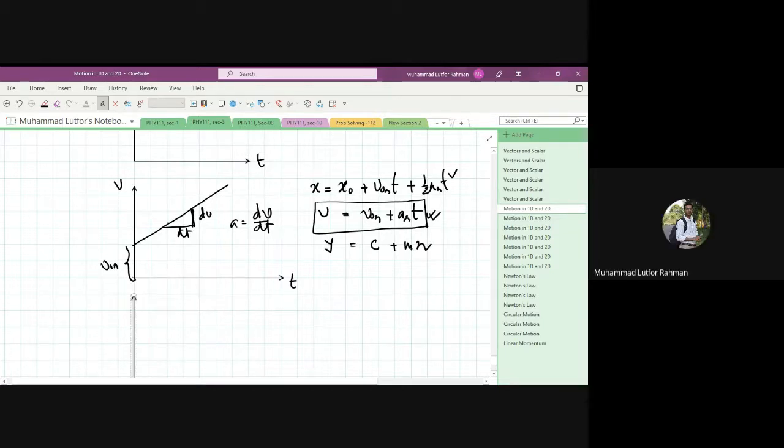Because this is your equation: initially, it has some value. So v equals v naught x plus a x t. If you say the velocity is 0 initially, then it will start from there. You understand my point? Yes, sir.